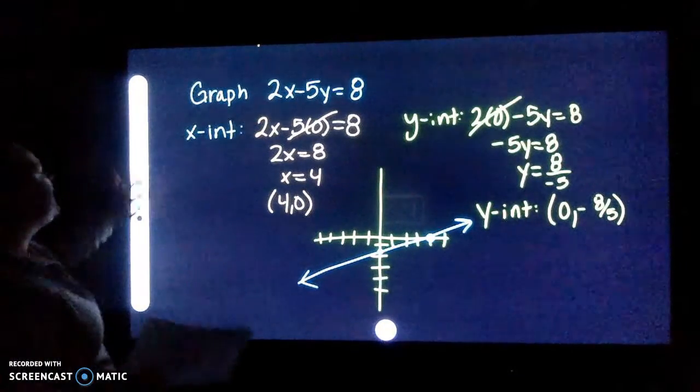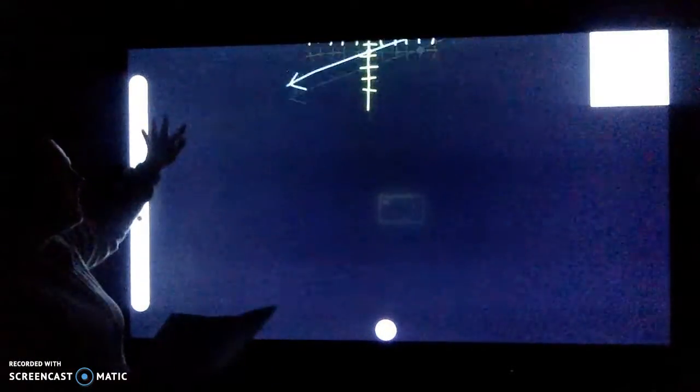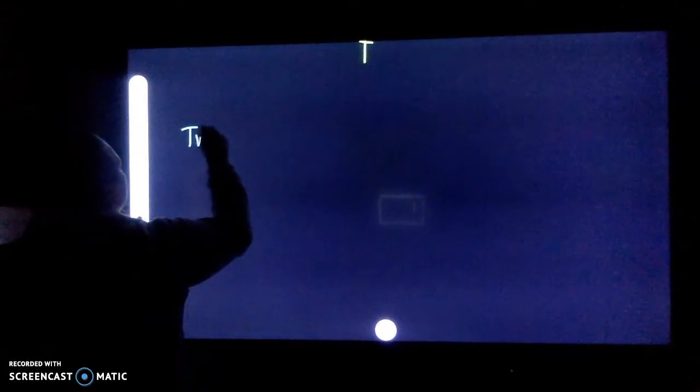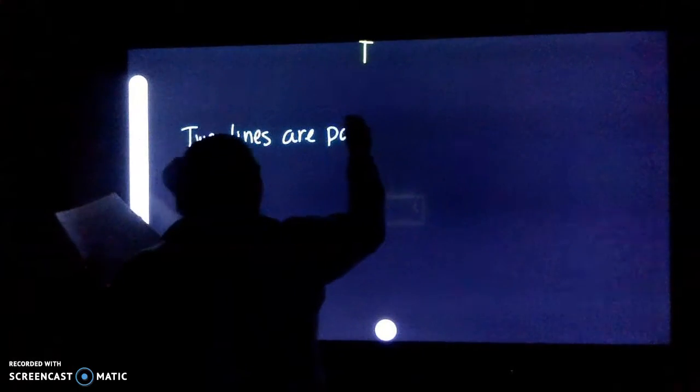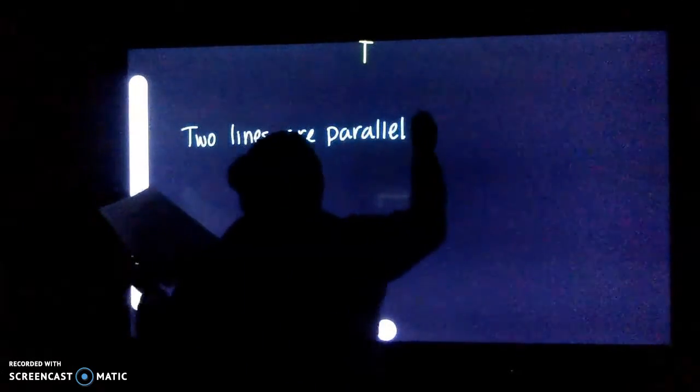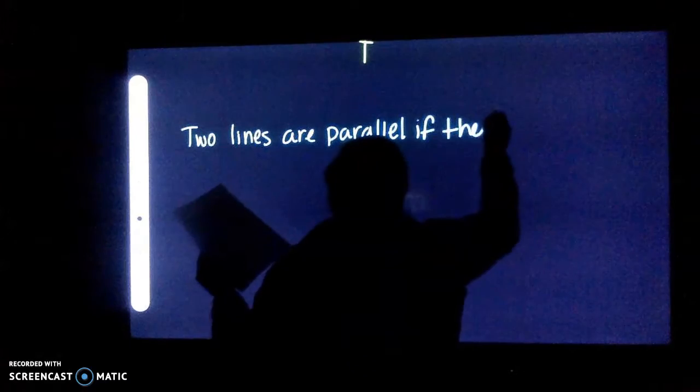So as I'm looking at lines, there's a couple other things that come to mind. First off, 2 lines are parallel if they have the same slope.